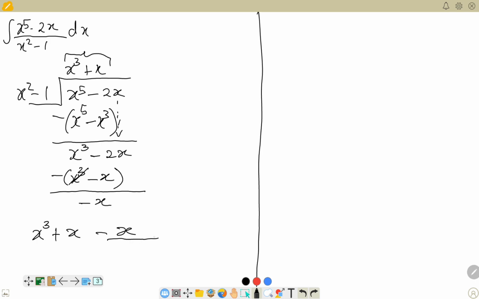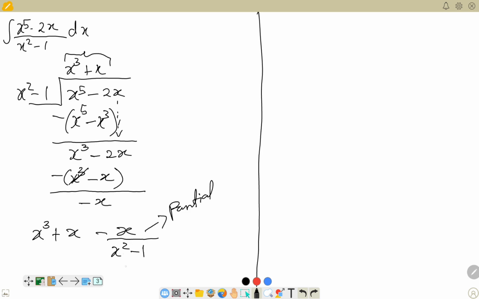So now the power is no longer x to the power 5. Then we'll have x to the power 2 minus 1. And we shouldn't forget that we were integrating. However, before we go there, we can apply partial fractions to this now.